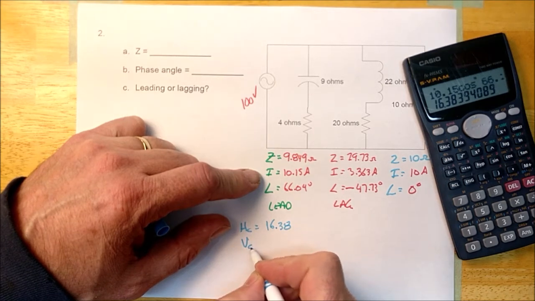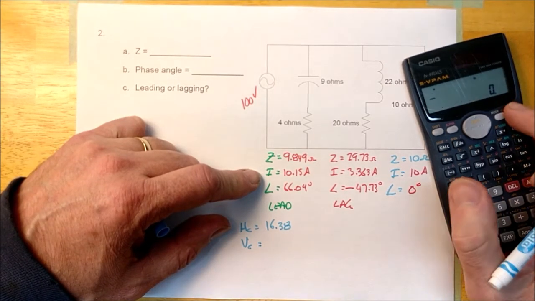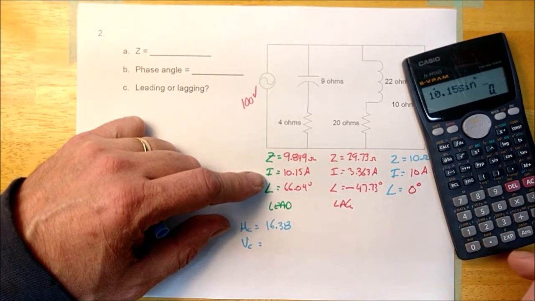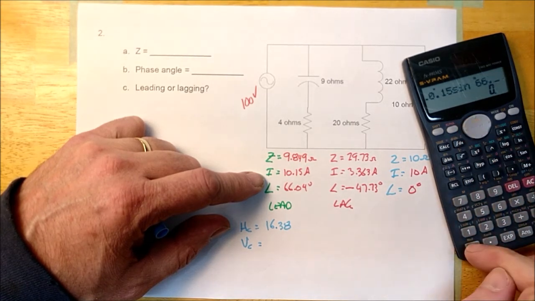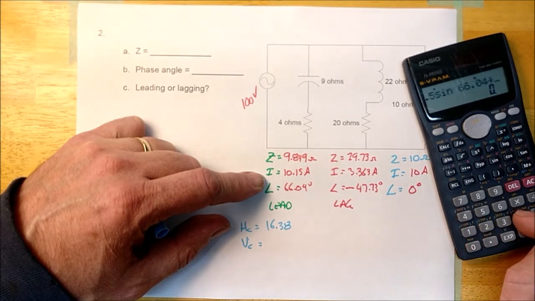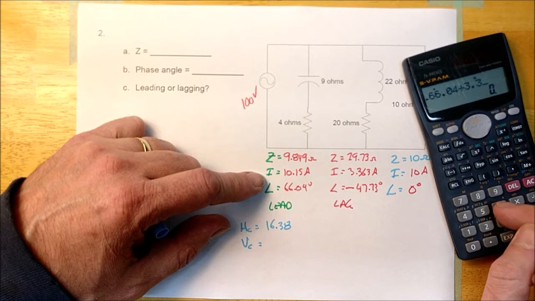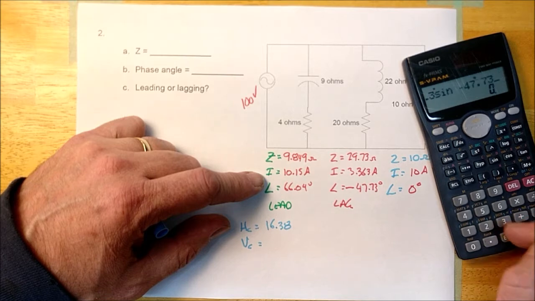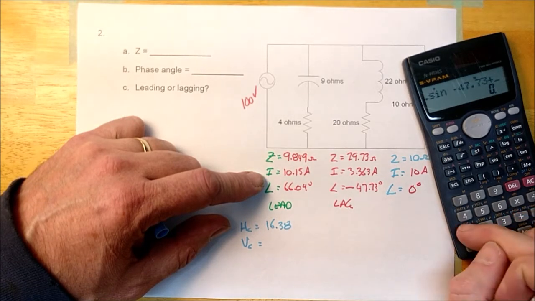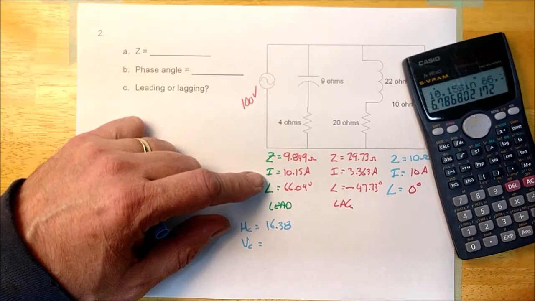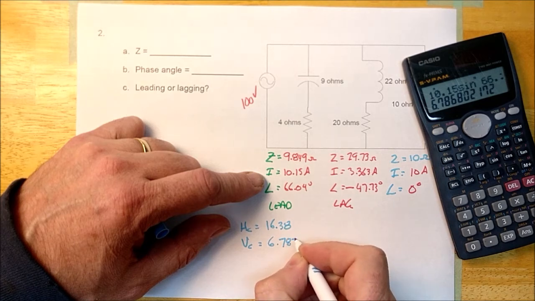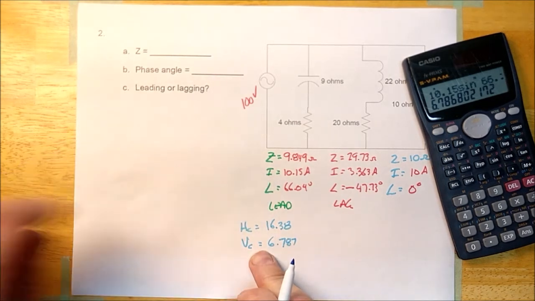I'm using sine now. Okay, so for my vertical component, I'm getting 6.